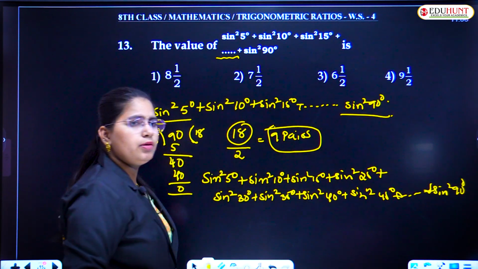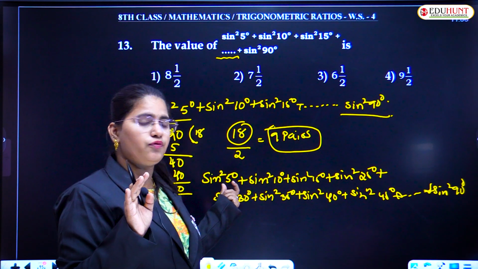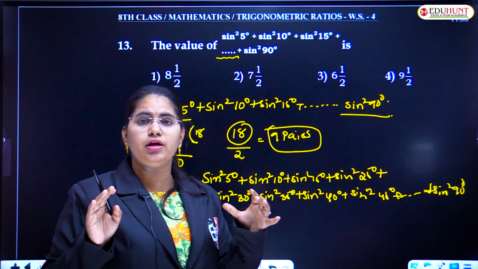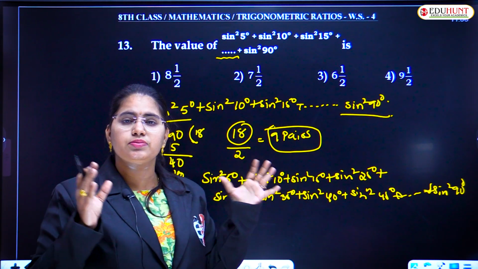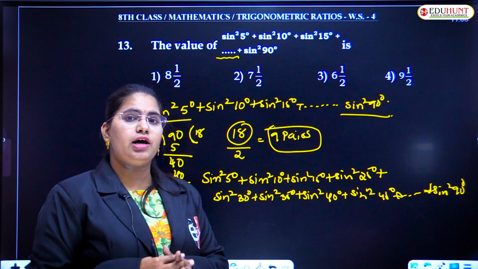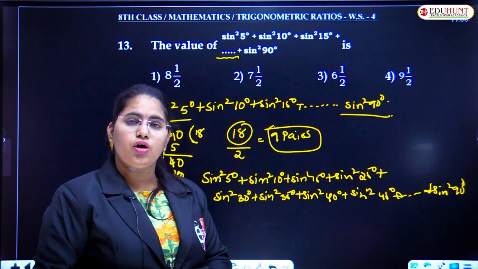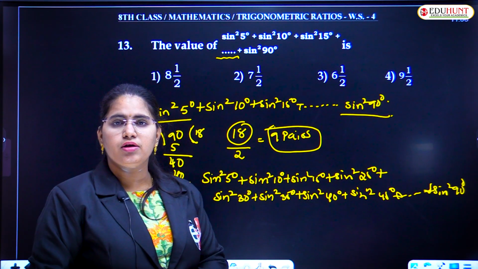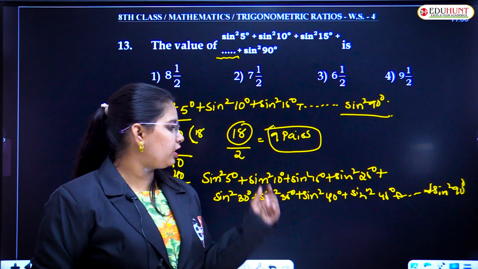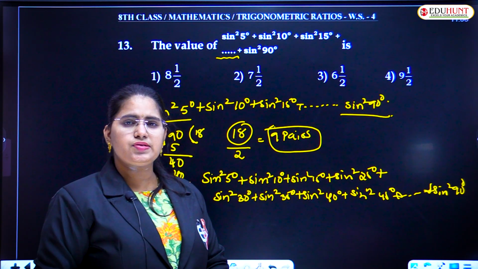It is practically possible. Just imagine if you are beginning with 5 and ending with 90, you are consuming this much time. Just imagine if you are having 180 or 370 or 450. Will you waste your time by writing all these terms to get the pairs?